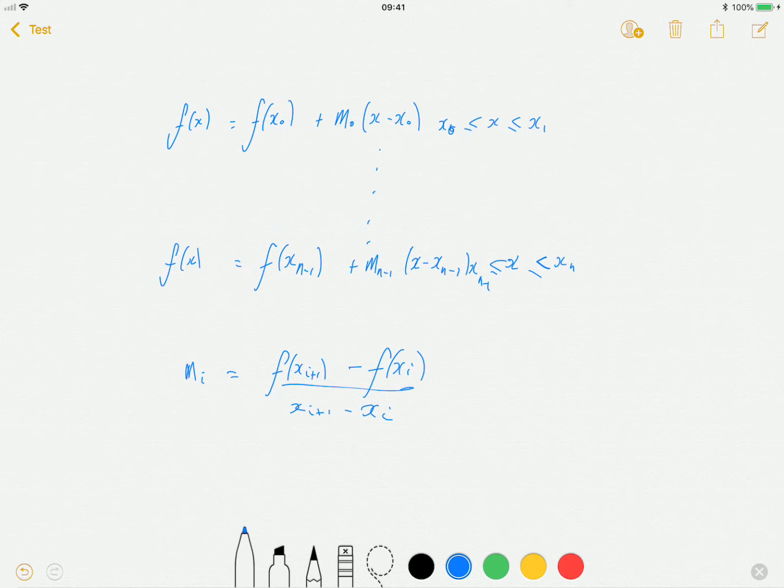So now we can evaluate our function at any point between x0 and xn by first locating the interval within which the point lies. Then we derive an appropriate equation and solve accordingly. And this is obviously very identical to linear interpolation. So let's look at an example.